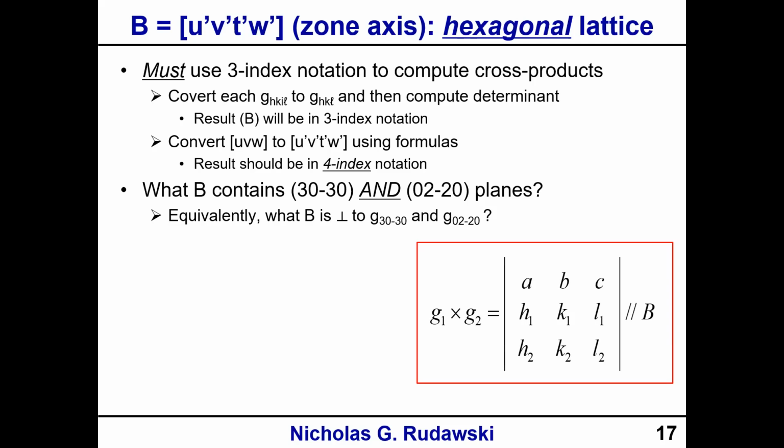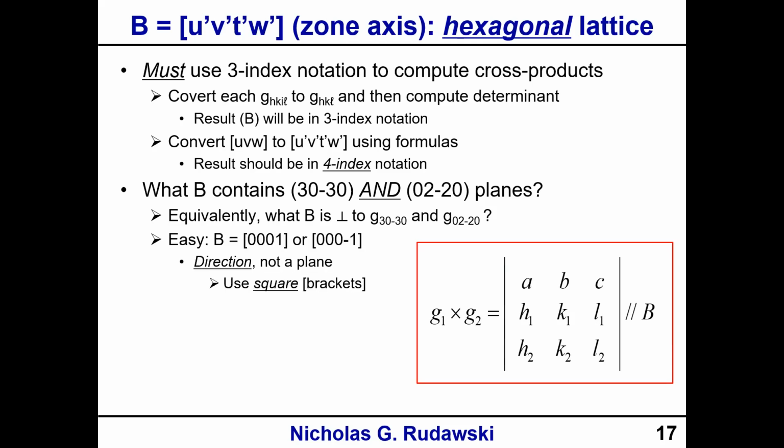Or equivalently, what zone axis is perpendicular to G303 bar 0 and G02 2 bar 0? You can do the math and find out very quickly that your answer, depending on how you do the cross product, is either 0001 or 0001 bar.